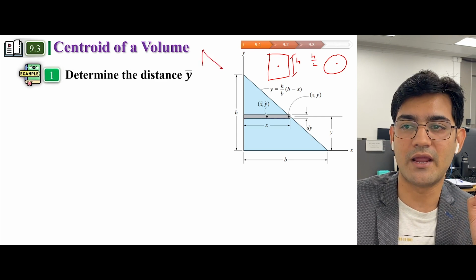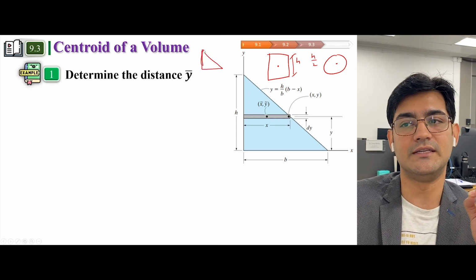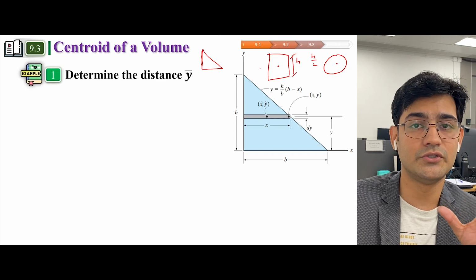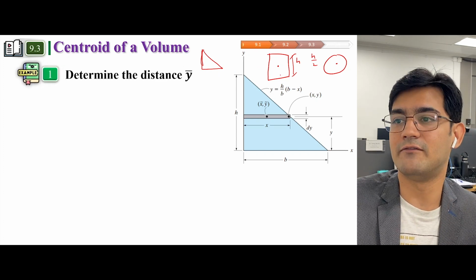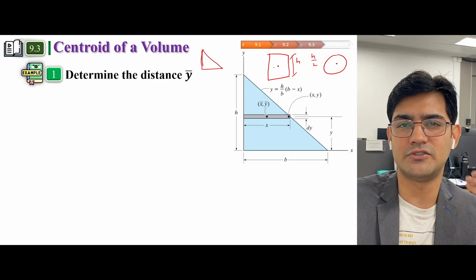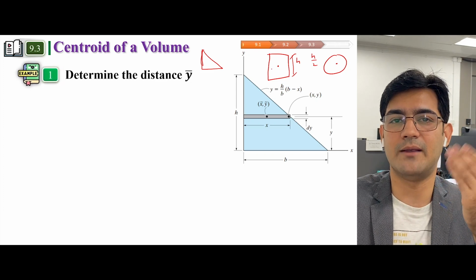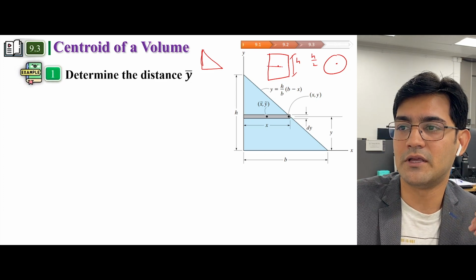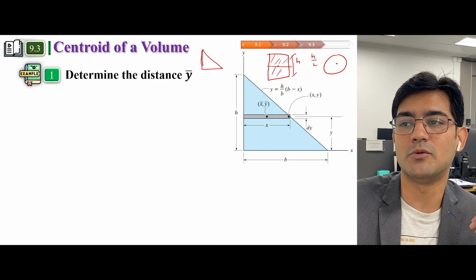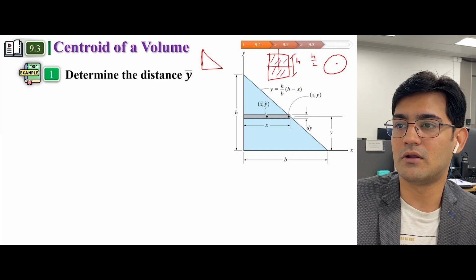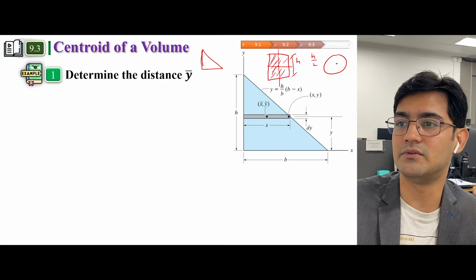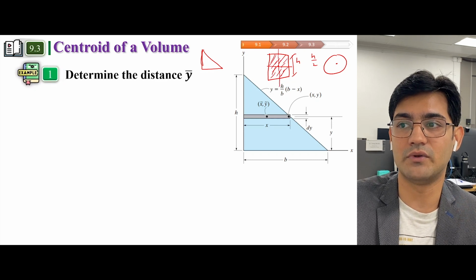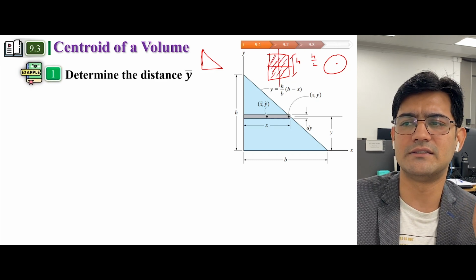But what about a triangle? How can we calculate the centroid of a triangle? Intuitively, we know that the centroid should divide the shape into equal parts. For example, the area above the point and below the point should be equal, or the area to the left of the point and to the right of the point should also be equal. That's how you know it's somewhat at the center.